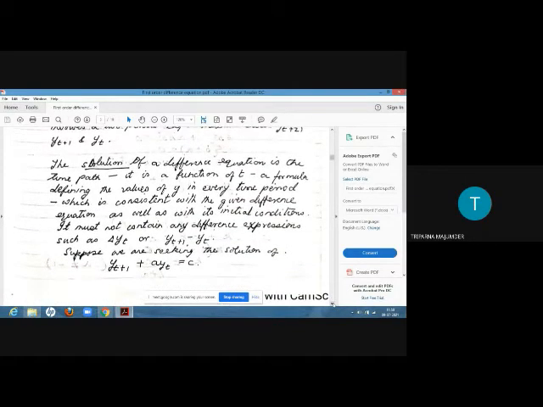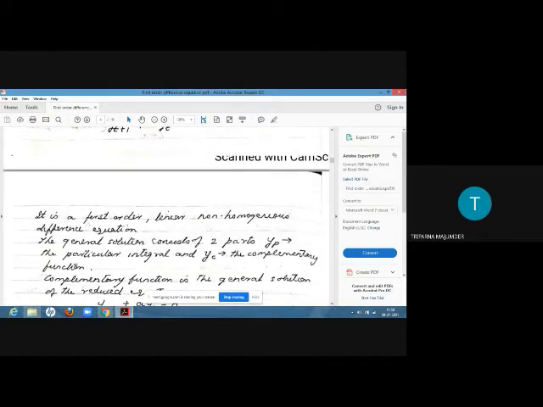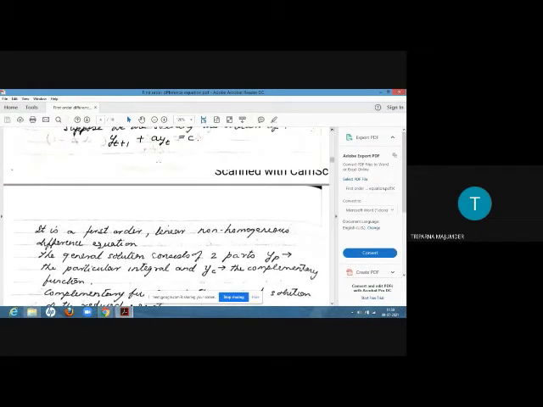Suppose we are seeking the solution of y_{t+1} + a y_t = c. For the solution, the first thing we have to write in our answer scripts is the nature of the difference equation. That is, it is first order because there is only the first difference, y_{t+1} and y_t.